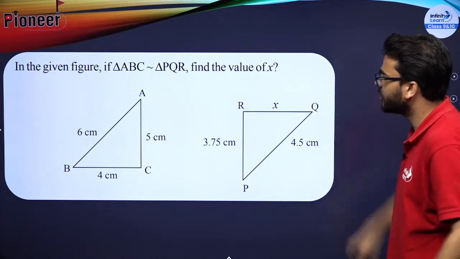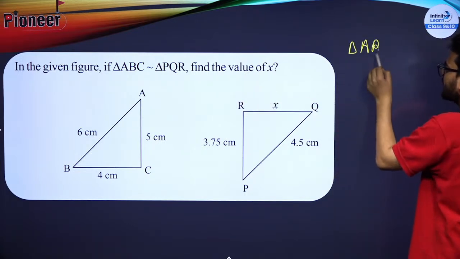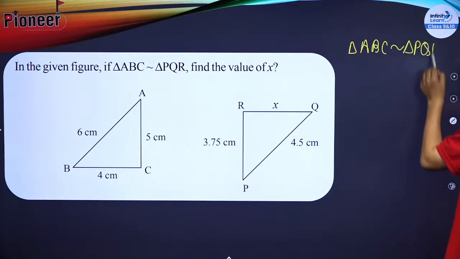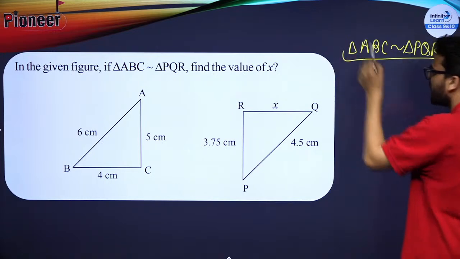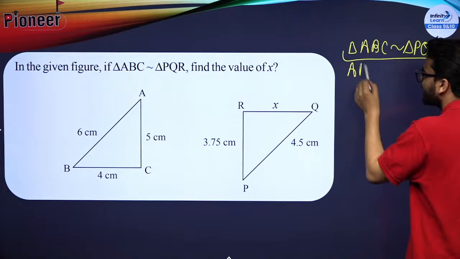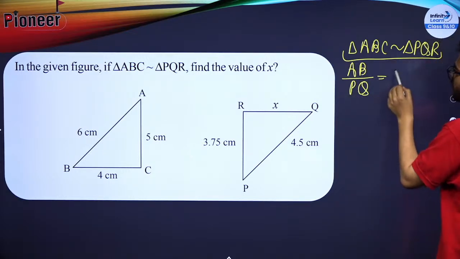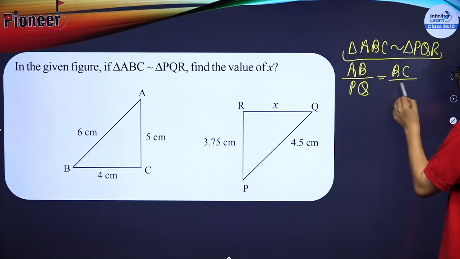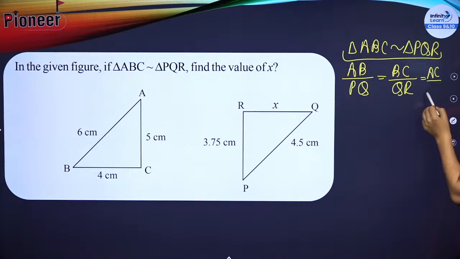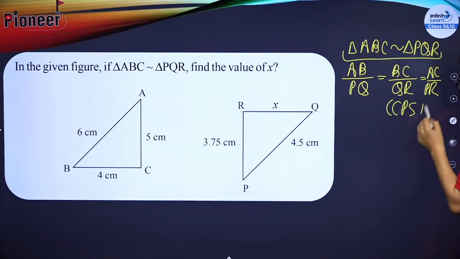So it is given in the question that ABC is similar to PQR. Correct? Now ratio of corresponding sides of two similar triangles are equal. So can I say that AB by PQ is equal to BC by QR is equal to AC by PR? CPST, right? Corresponding parts of similar triangles. Now ratio of corresponding sides are equal.